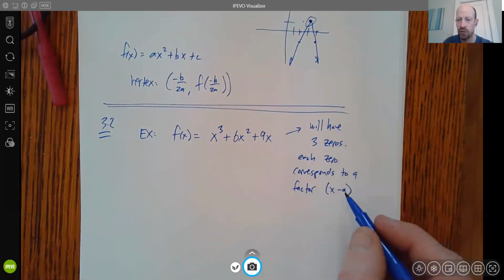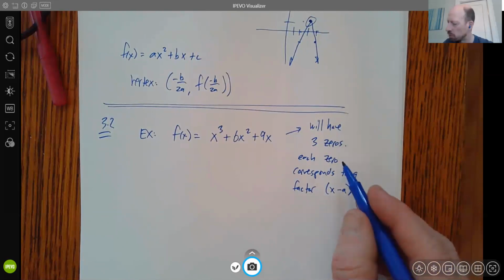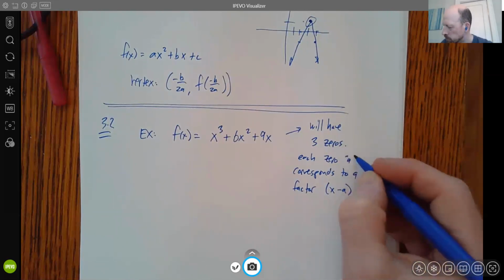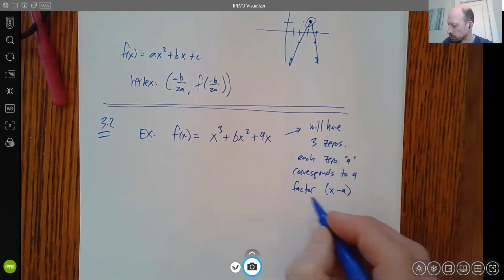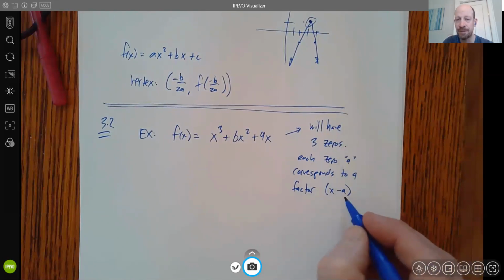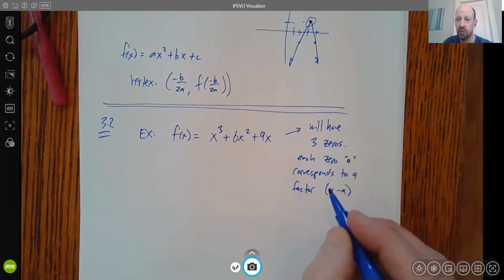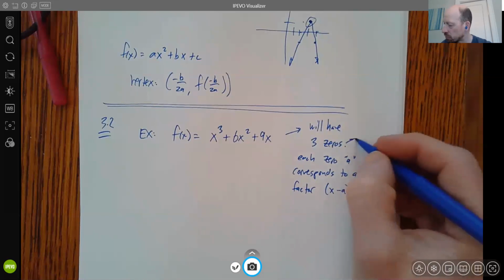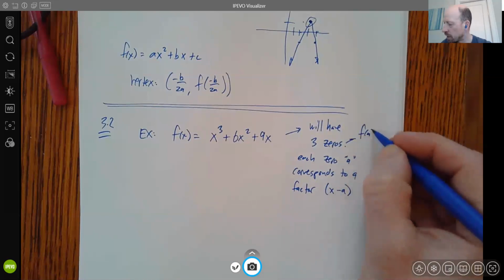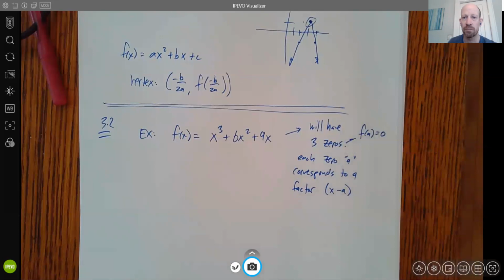So if a is a zero, x minus a is a factor of the polynomial, and a zero means f(a) = 0.